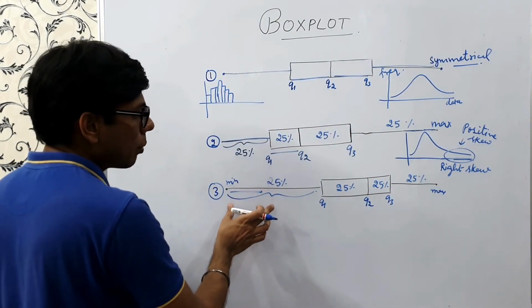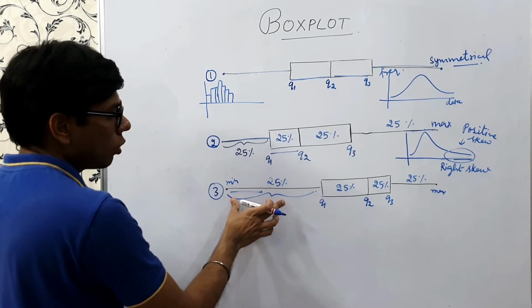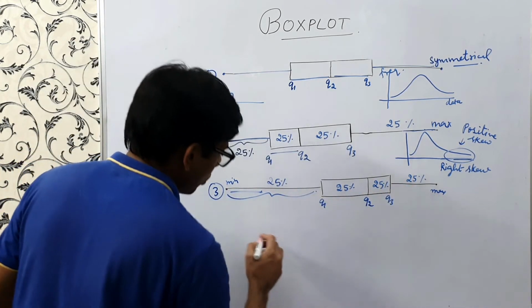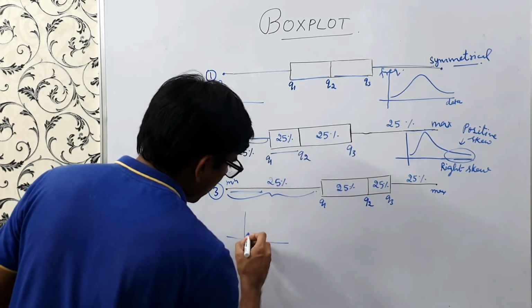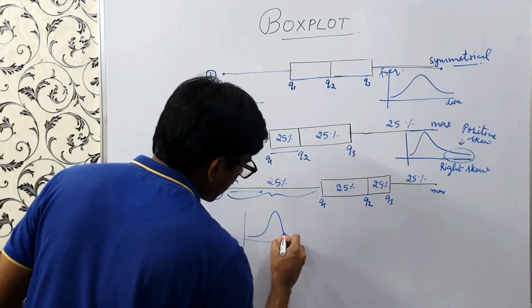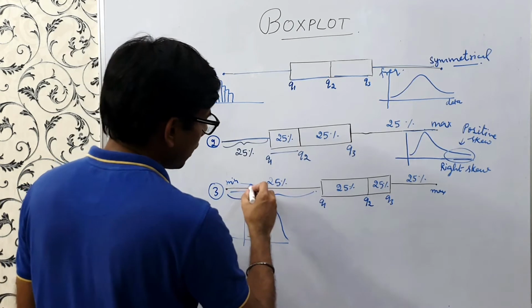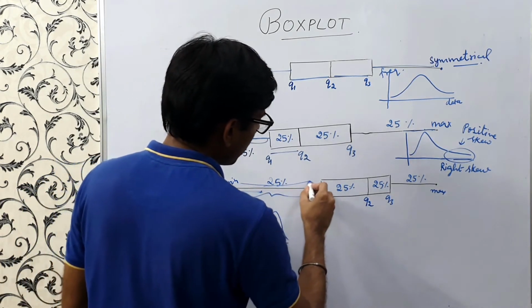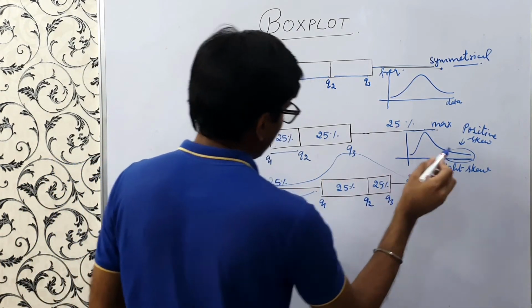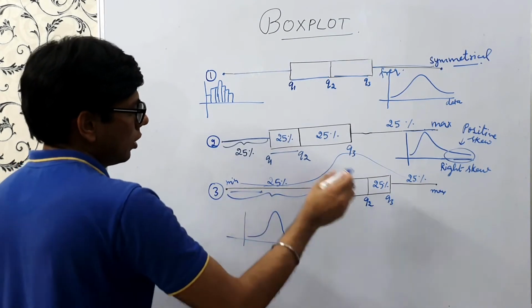But there are some outliers, more outliers present over here as compared to here. So if I just want to draw a graph, it would be like this, right? From the plot also I can see it is something like this.